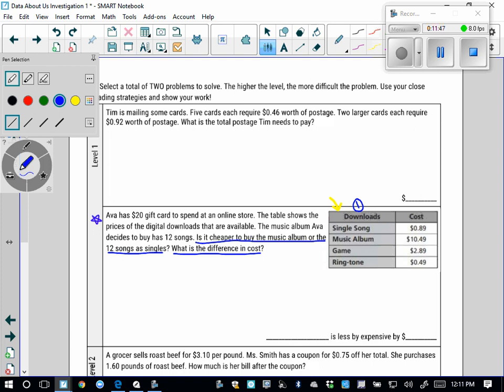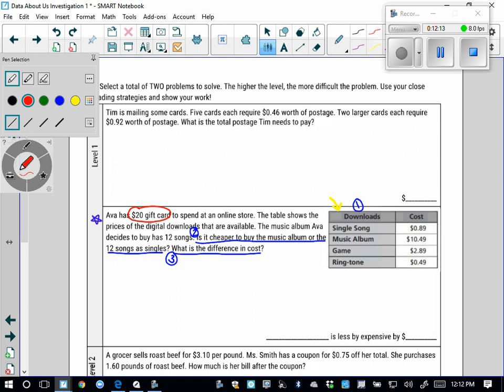So unlike the first page, there's not tons of things. But I think I would have to answer this question before I answer this question. Now I'm going to circle useful information. So the table shows the prices. So I know Ava has a $20 gift card, so that's important.